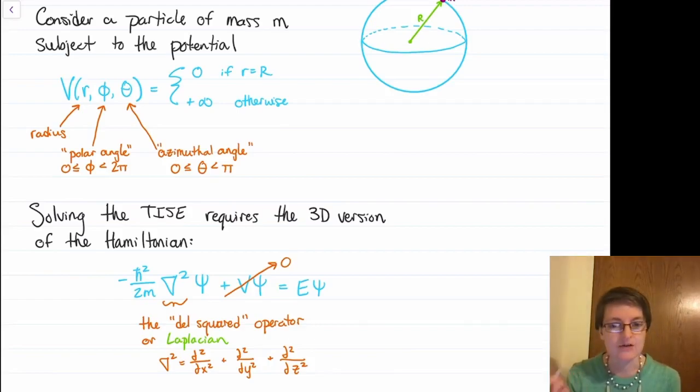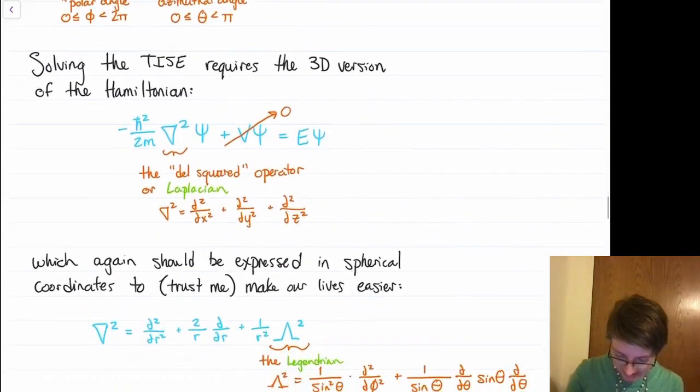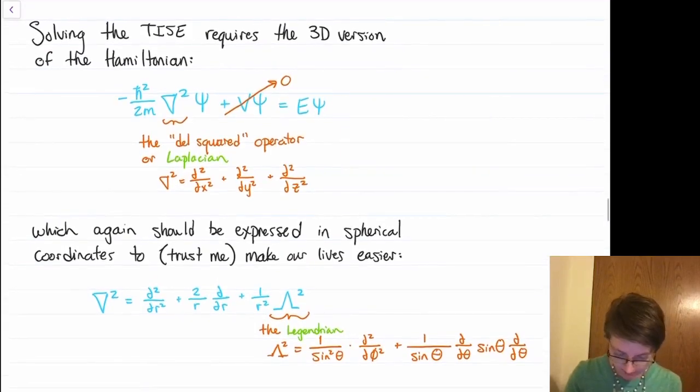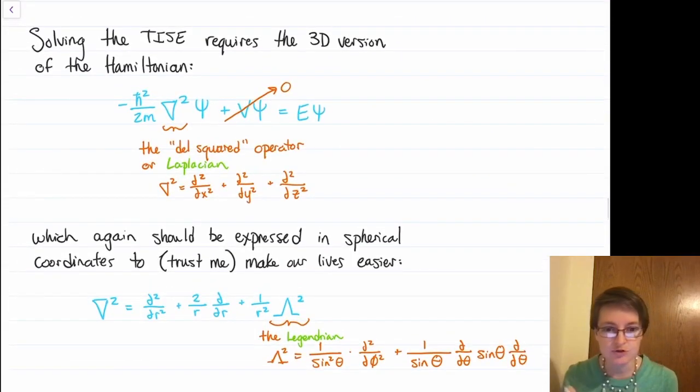We call this the del squared operator, or the Laplacian, but it's just there to save us some writing. And in spherical coordinates, the Laplacian takes on a particular form. And you're going to have to trust me that this version of the Laplacian is going to make our lives easier, even though the Cartesian coordinate version looks a little bit more simple at the outset.